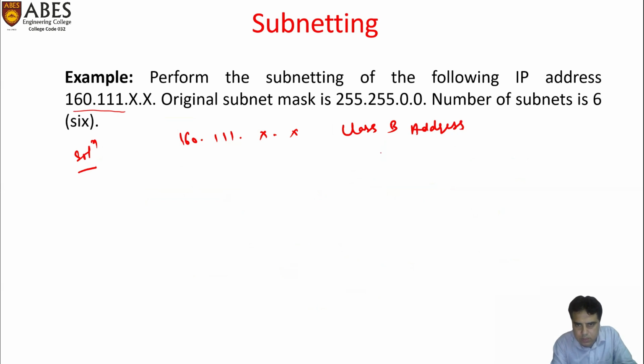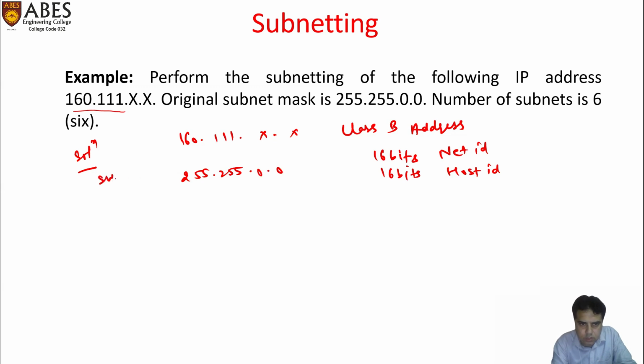So in class B, 16 bits are used for network ID and the remaining 16 bits are used for the host ID. So originally the subnet mask given for class B is 255.255.0.0. This is the subnet mask.